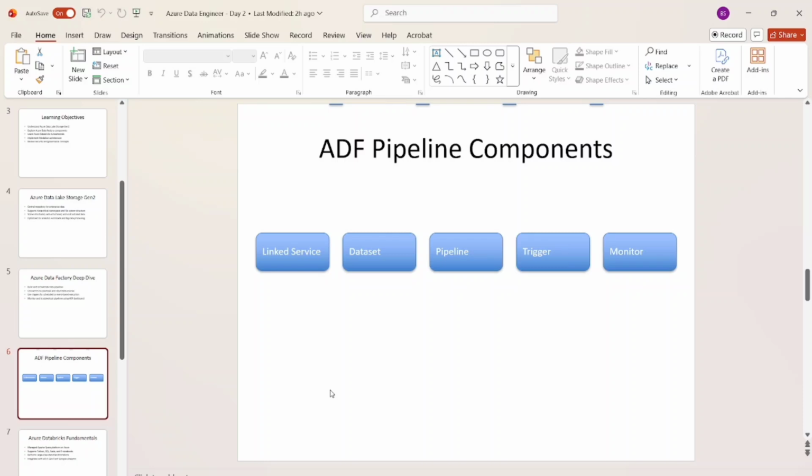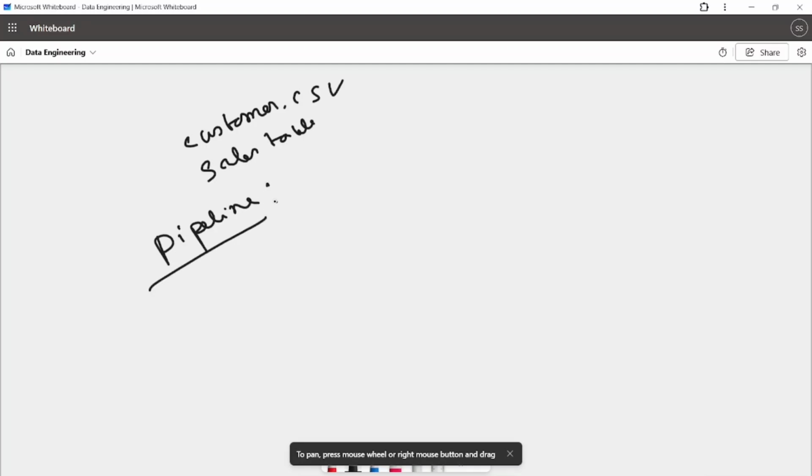Example like customer.csv. Okay, if you go here, customer.csv examples. Then a sales table. You can say sales table. So these are some examples of datasets. So next is, what is pipeline? Okay, pipeline is so important.